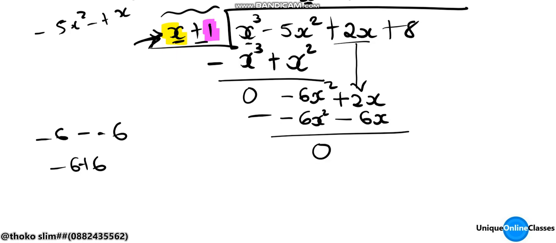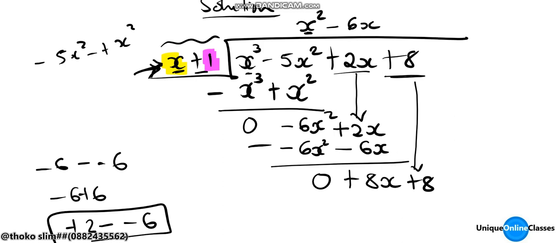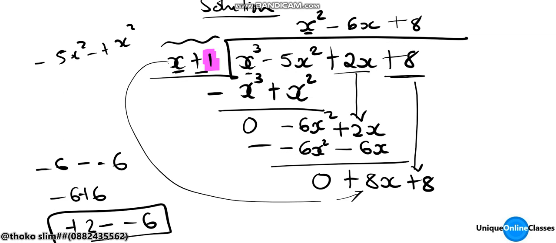Whereas here, we have plus 2 minus 6, so that will be positive 8. Here we have positive 8x, and then we're going to drop down this plus 8 there. So we're going to take the same x, and the plus 8 times that x gives 8x.